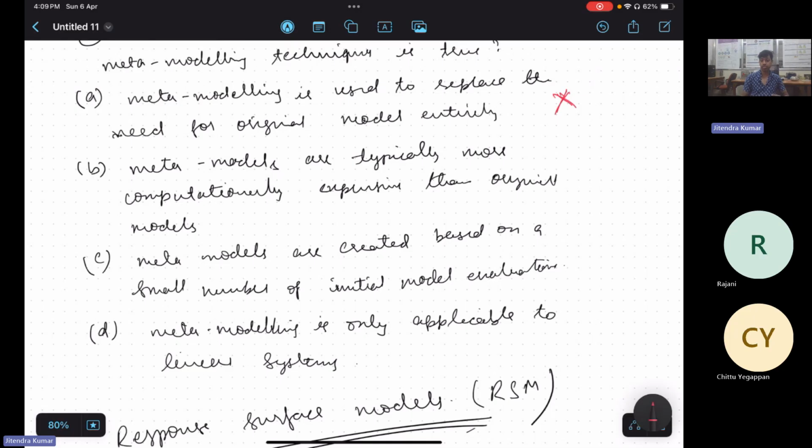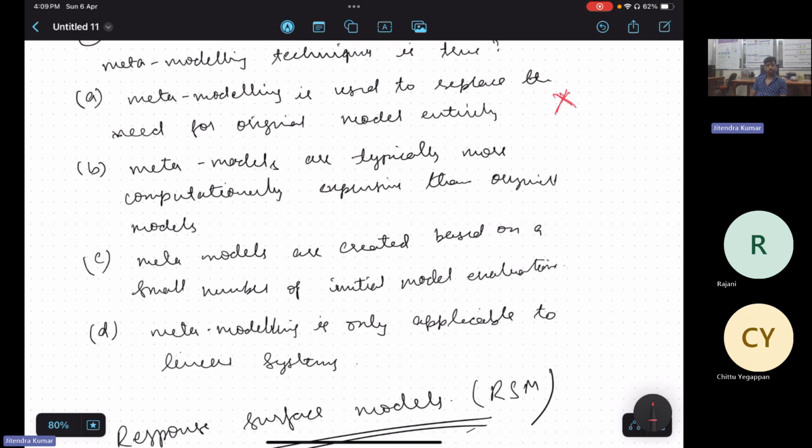See, from this statement, it is being conveyed that these meta models will take more computational resource than the original model. Like I said initially, to simulate the original model or any model, if you need 1 day time per model, then its iteration will take higher time. So will the meta model take more time than that or less time than that? So here option B is that it is computationally expensive than the original model.